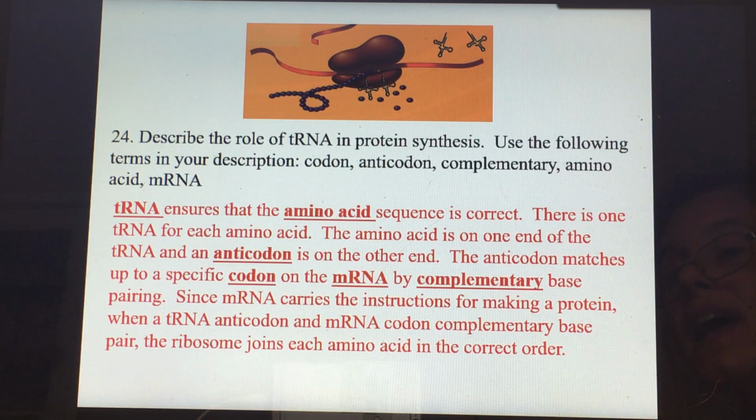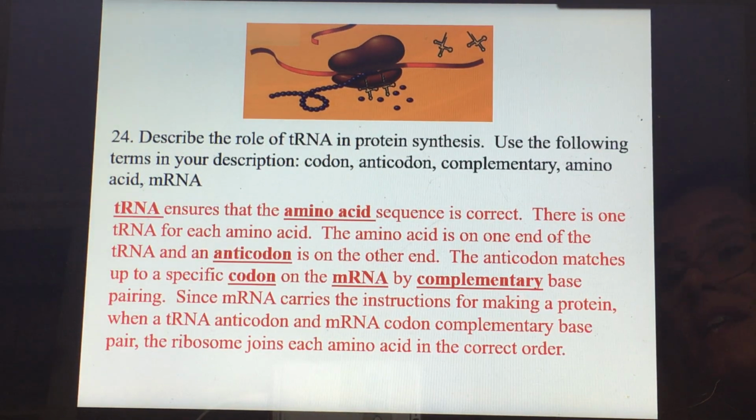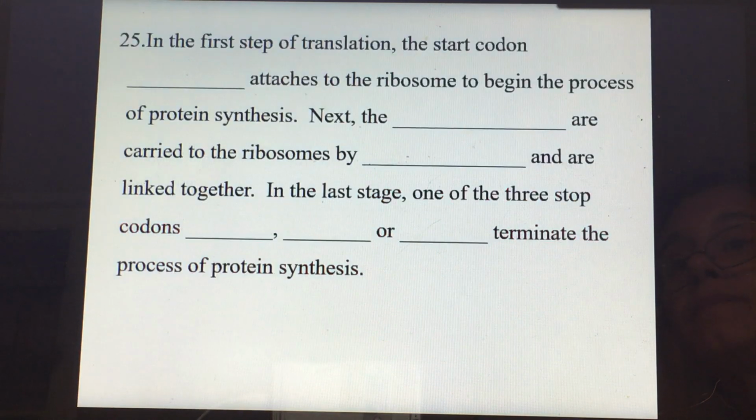There's one tRNA for each amino acid, and the amino acid is on one end of the tRNA, and an anticodon is on the other end. The anticodon matches up to a specific complementary codon on the mRNA. Since mRNA carries the instructions for making a protein, when a tRNA anticodon and mRNA codon complementary base pair, the ribosome joins each amino acid that comes in the correct order.